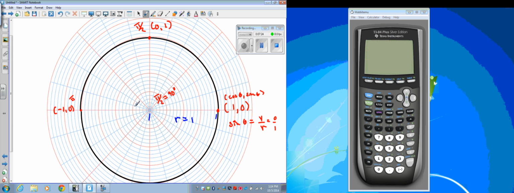The central angle is pi in radians, and the central angle in degrees is 180 degrees. And on a unit circle, the length of the arc is the same as the measure of the central angle in radians. They're the same.